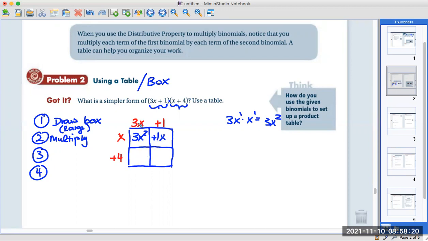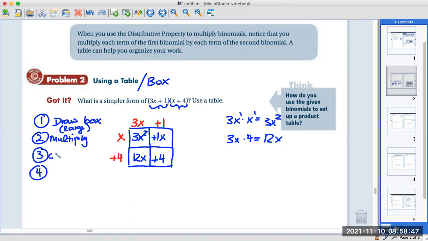Pen in the square, go all the way up and over and multiply. 3x times 4 is 12x. And then the last one, all the way up and over, you multiply. Watch your signs. Positive 1 times positive 4 is positive 4. Okay, so that's the second step.